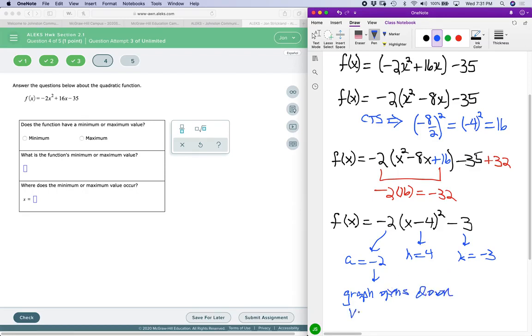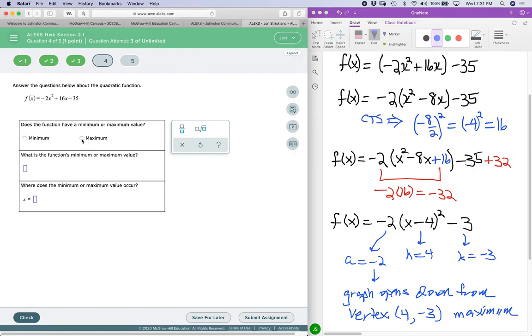And the vertex, which is h, k, so we have the vertex 4, negative 3. Because it's opening down from the vertex, a vertex can be the top point, so this would be the maximum location. So does the function have a minimum or maximum value? In this case, it's going to have a maximum.